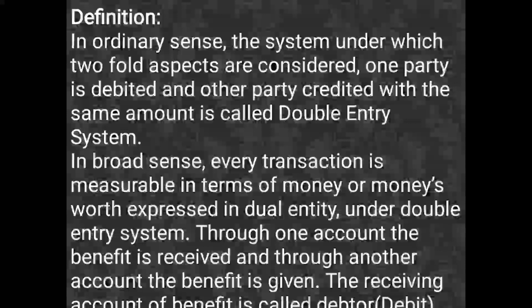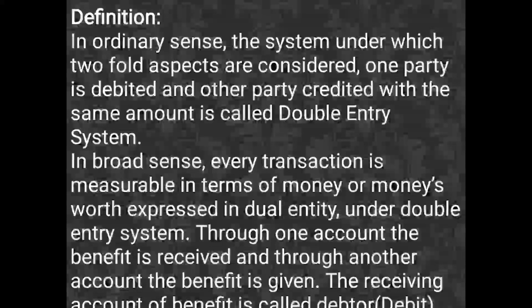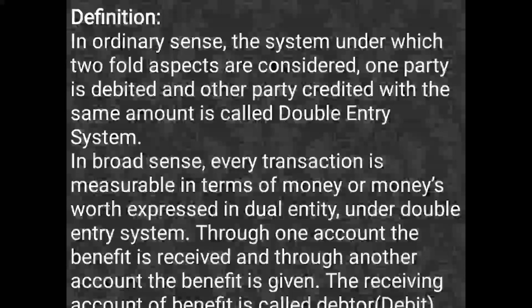In the ordinary sense, the system under which twofold aspects are considered, one party is debited and the other party credited with the same amount, is called double entry system. In the broad sense, every transaction measurable in terms of money or money's worth is expressed in dual entity under double entry system.